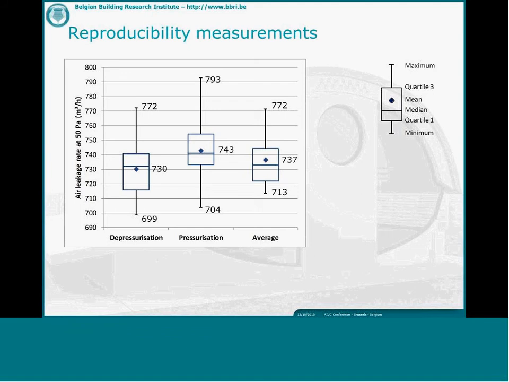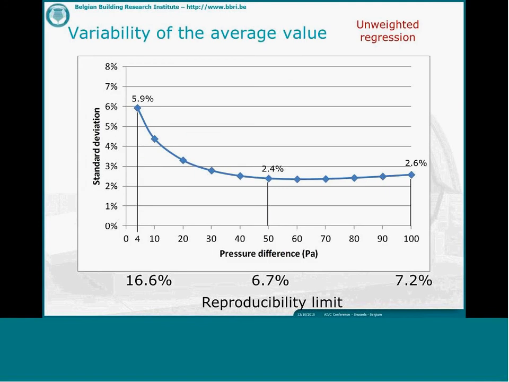If we come now to the reproducibility measurements, it means those made by different laboratories with their own blower door on the same building with the same preparation. You can see that there is a larger spread of the results. Of course, this is normal. And if we see now the standard deviation of the results, it's about double that of the repeatability measurements.